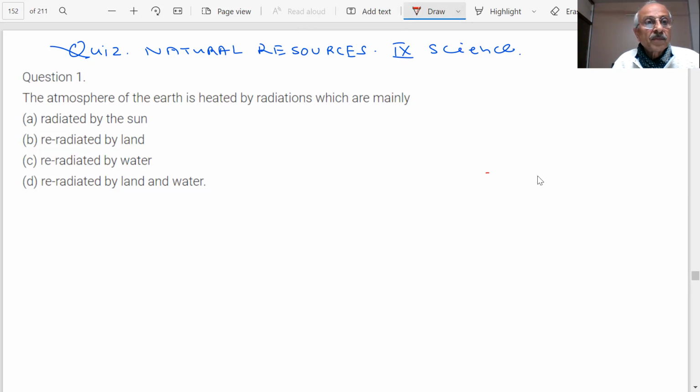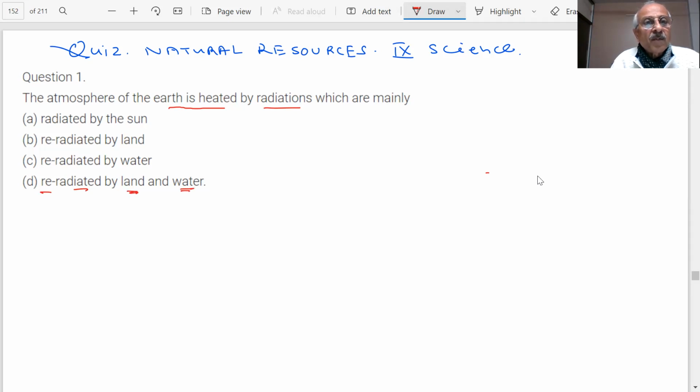Sir, option D. Earth is heated by the radiations radiated by the sun, re-radiated by the land, of course, land, re-radiated by the water, and re-radiated by land and water both.